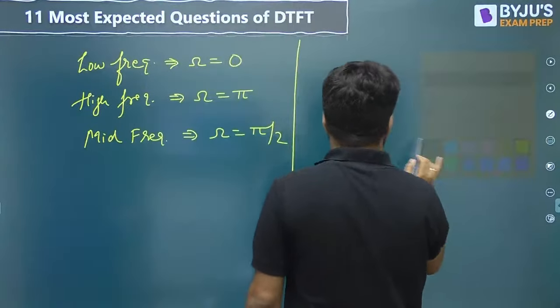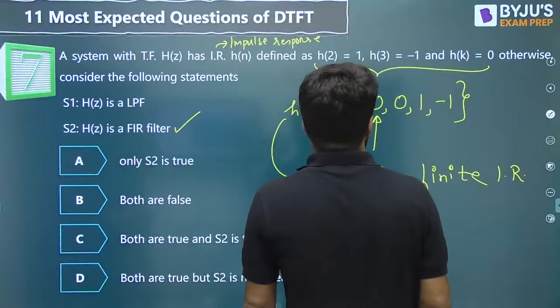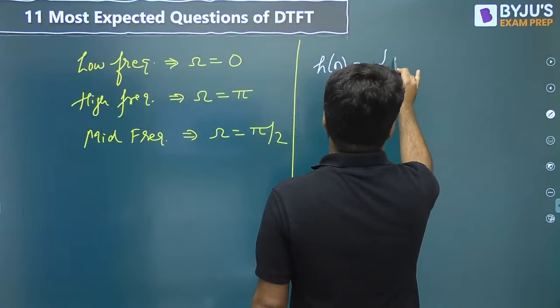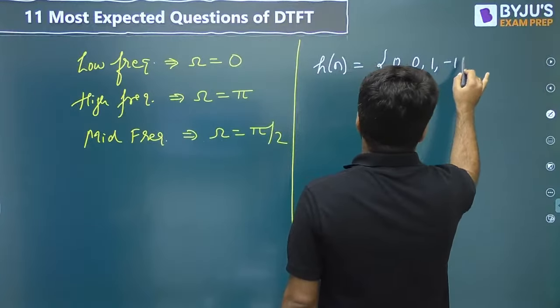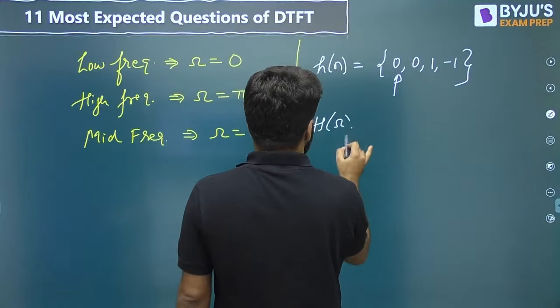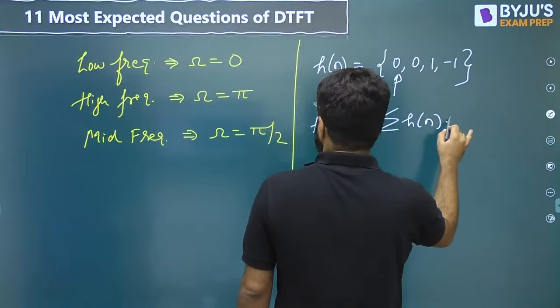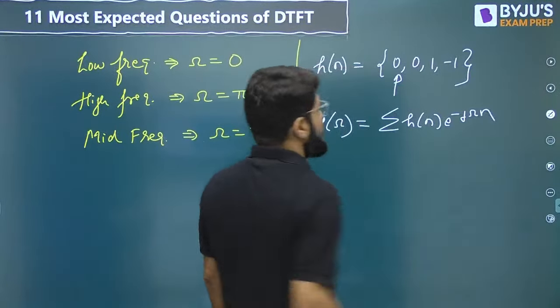And now what is h[n]? Pay attention. It is 0, 0, 1, -1. Let us write down h[n] once again: 0, 0, 1, -1. So what is H of omega? What is its DTFT? Apply the same formula: summation of h[n] e raised to the power minus j omega n.